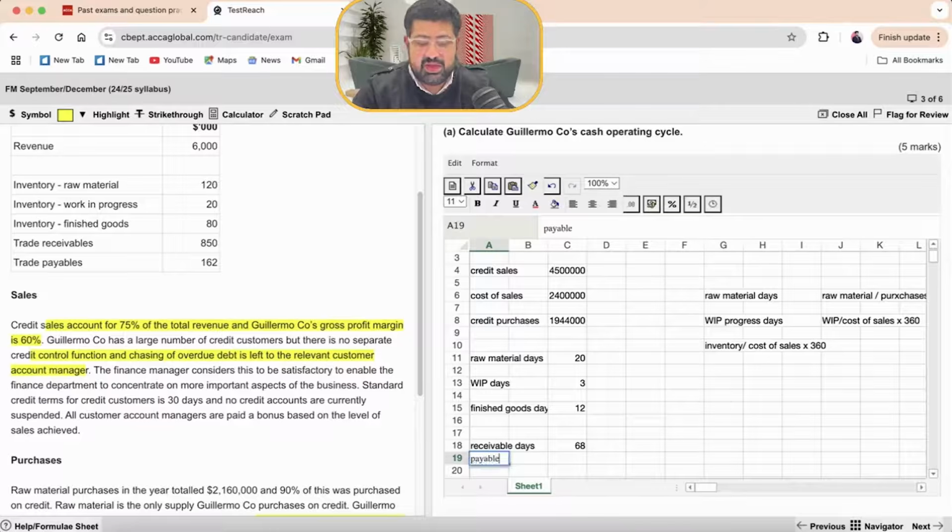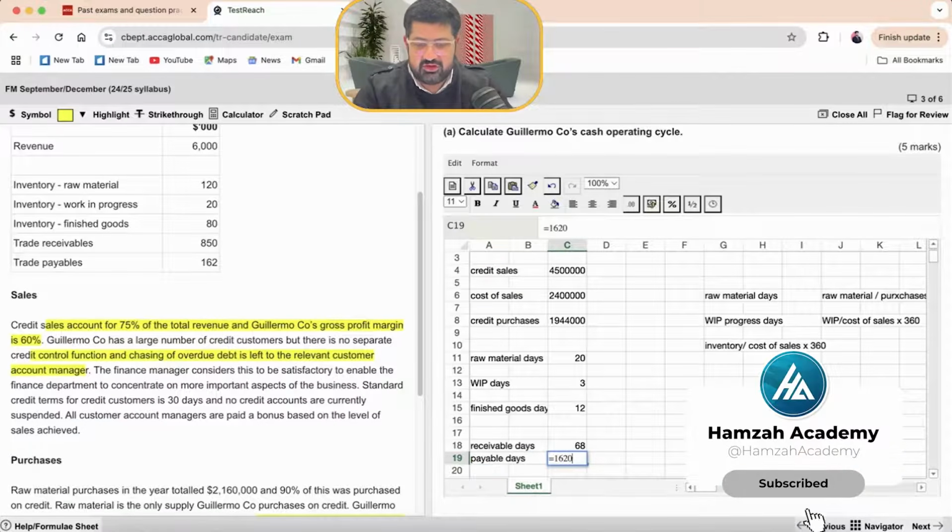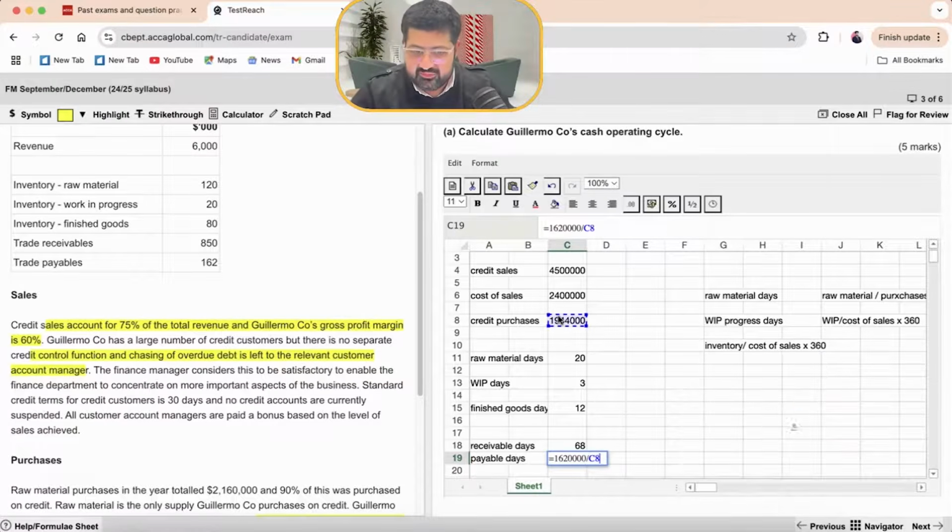Now then is the payable days of the company, that is equal to trade payables 162,000 divided by credit purchases into 360.